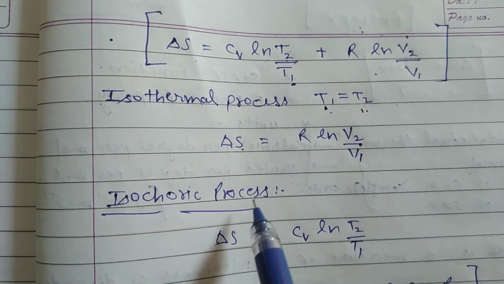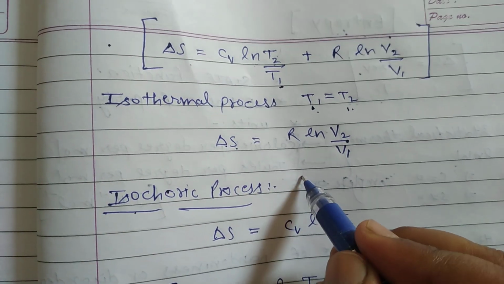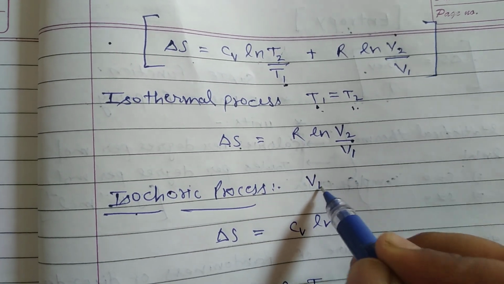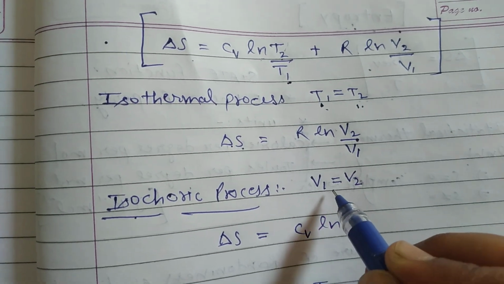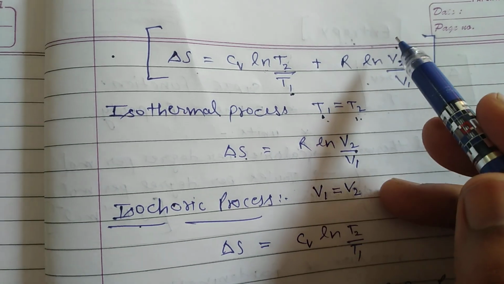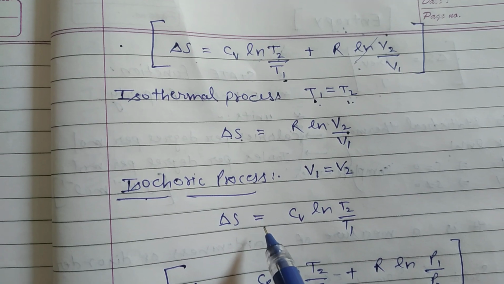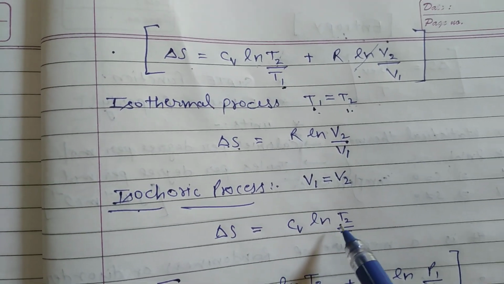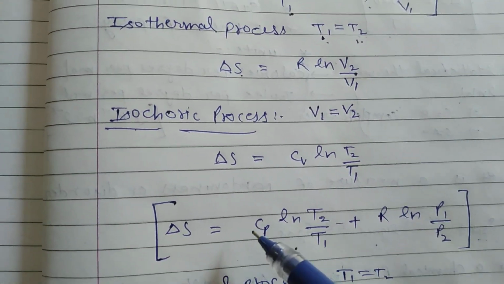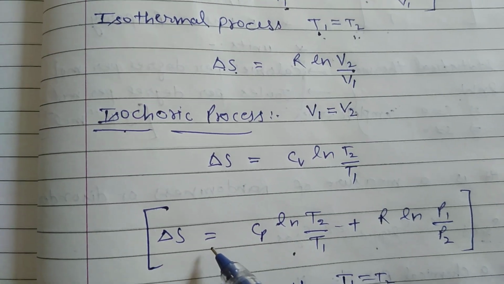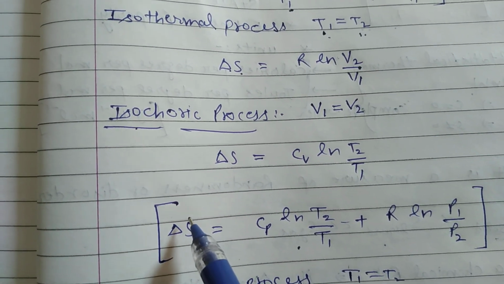Similarly, if we are making our process isochoric, meaning we are keeping our volume constant, the initial volume is equal to the final volume. Then this term will be cancelled out, and we get the formula delta S is equal to Cv ln T2 by T1.